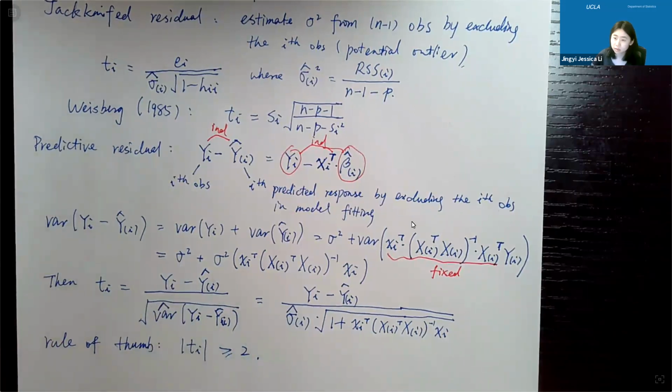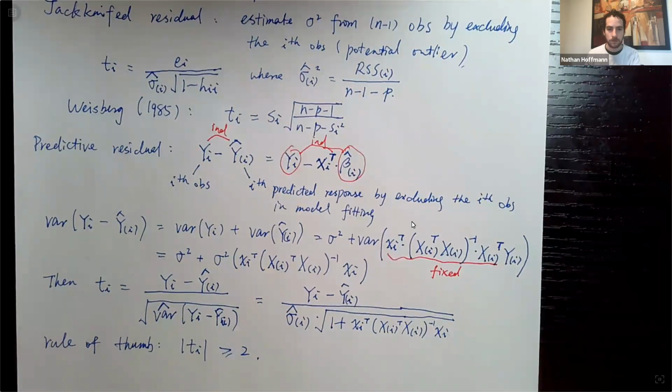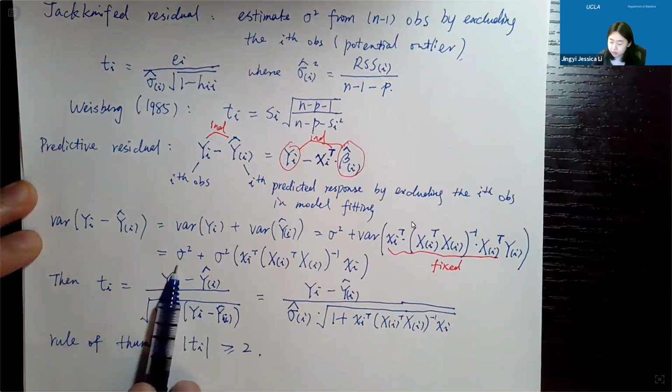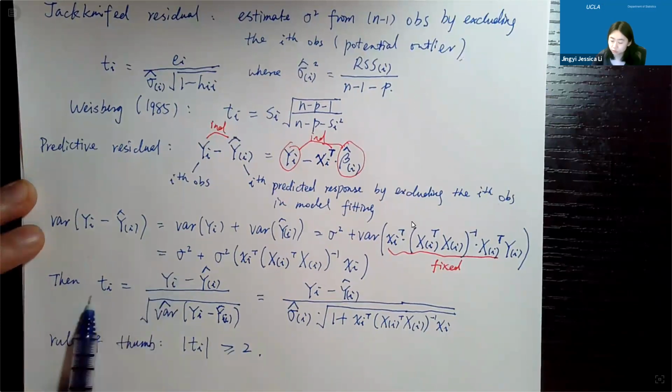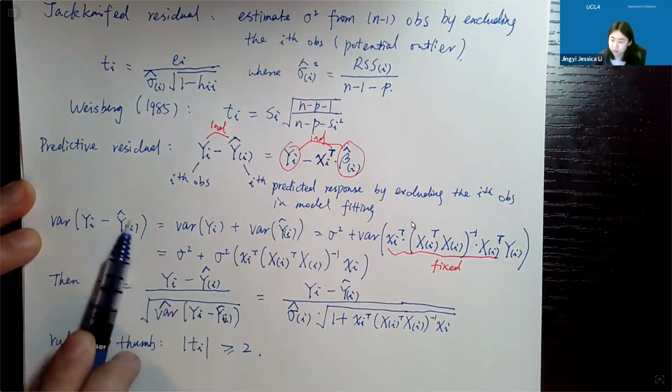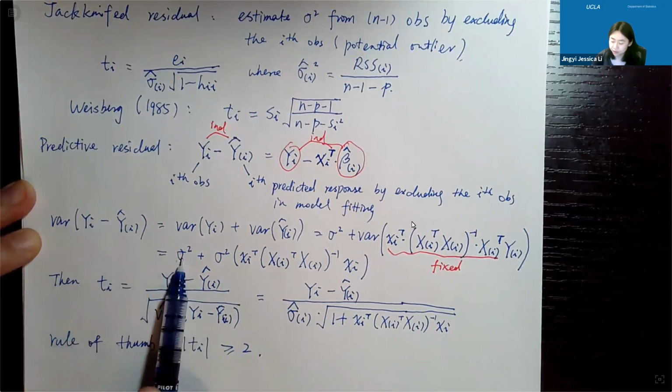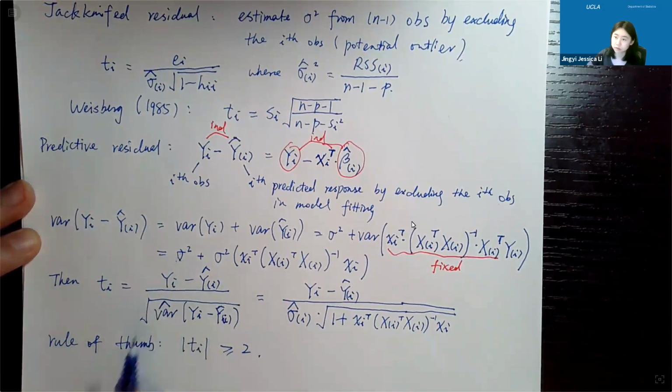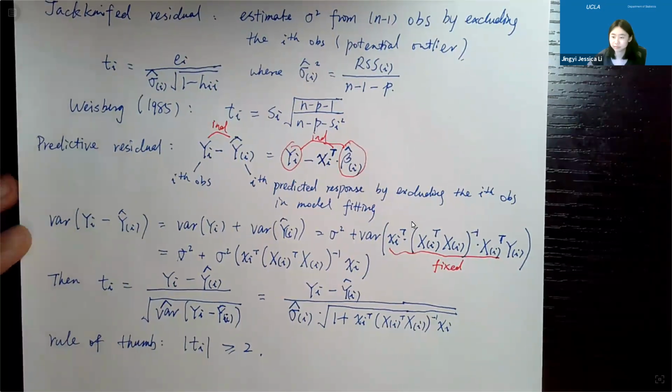That's it. I just didn't see how it follows that it excludes the ith observation. No, in the variance, there's no exclusion. It's just that when we try to write down the standardized predictive residual, we must plug in an estimator to replace it. Otherwise, it's not computable. So that's why you see I put a hat above the variance. Okay, thank you.